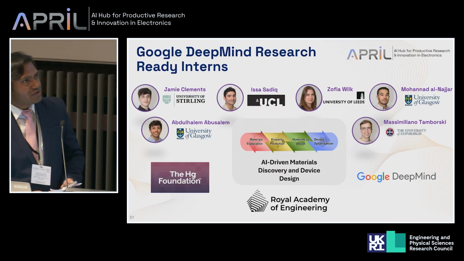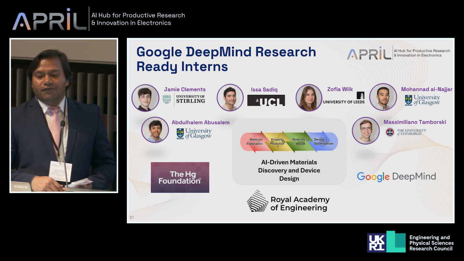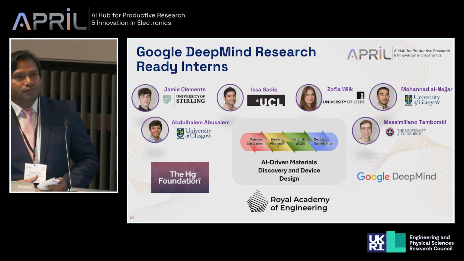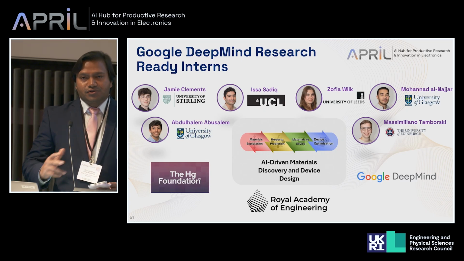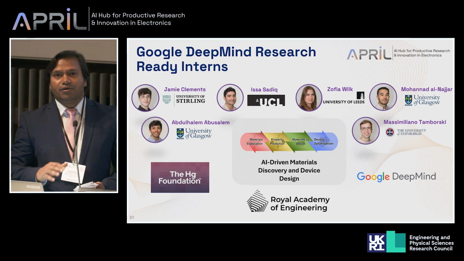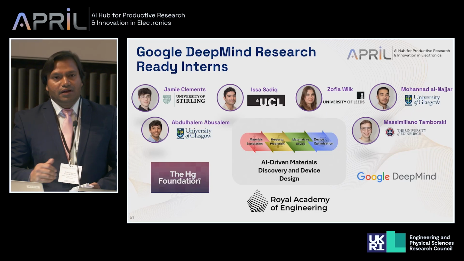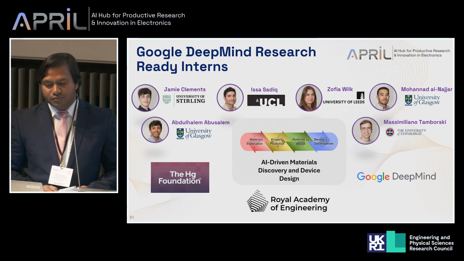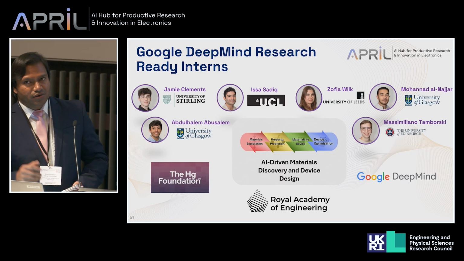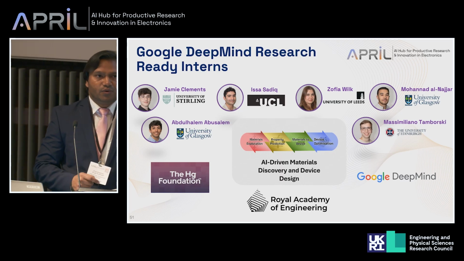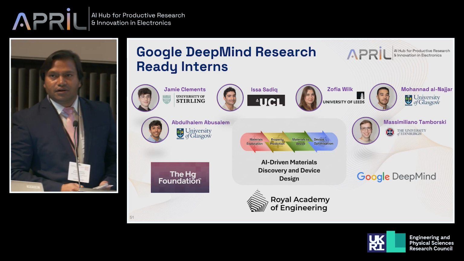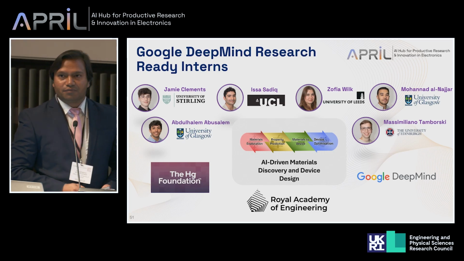There are 6 interns related to this field, where Jamie, Isa, Jofa, and Mohanad will be presenting today. We also have 2 interns who are not here, so they will not be presenting today. But Abdul Halim and Abu Salim have also worked with us, and Masimula Tamburski also worked with us on the PINNs and optimizations. So without further delay, I would like to call Jamie to present his project.